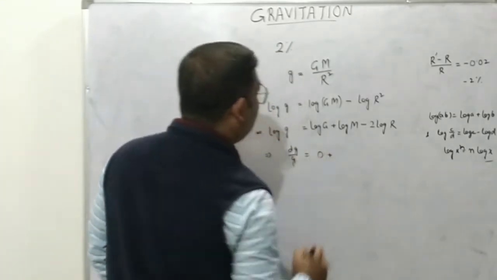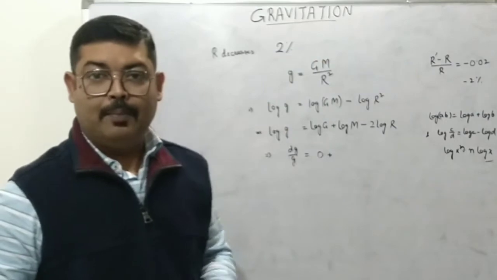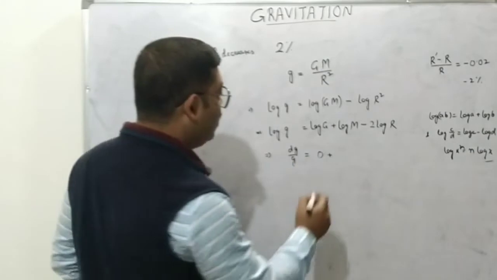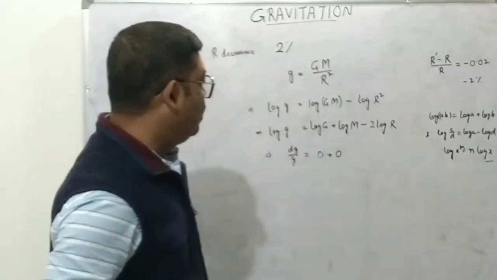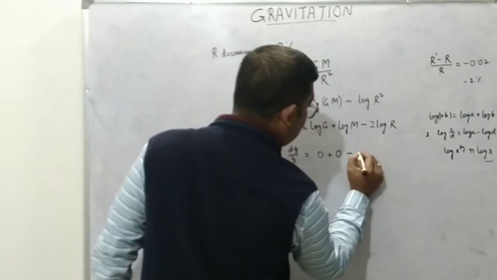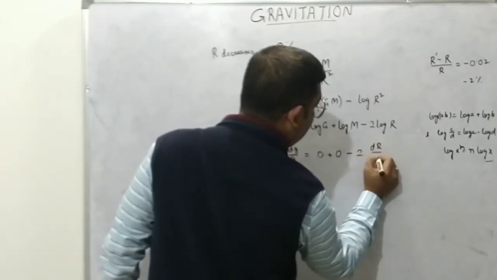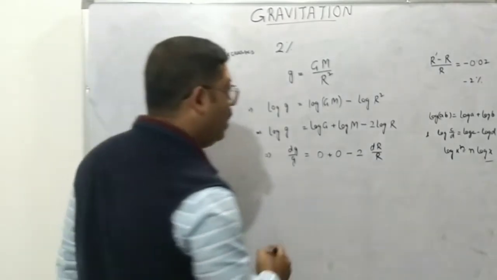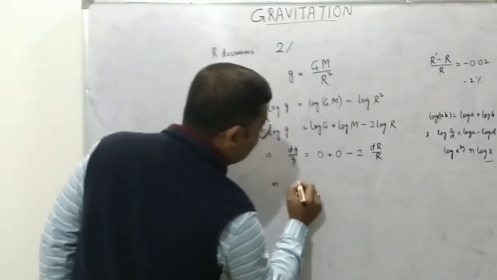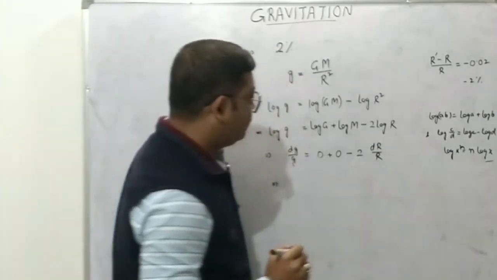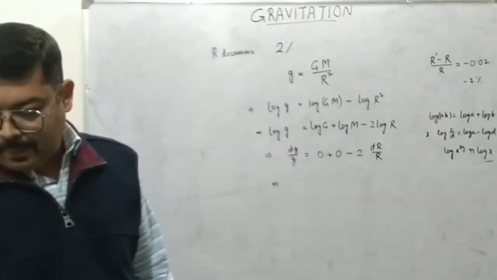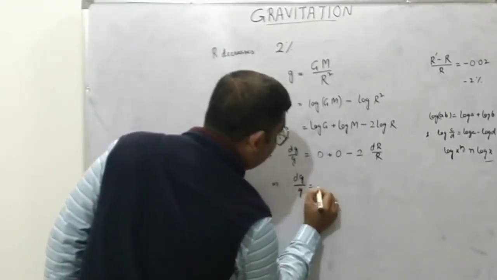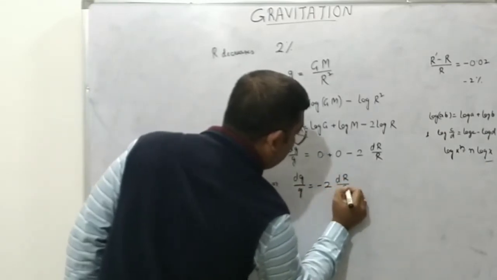Plus, mass of Earth remains the same, which means M is also a constant, so log M will be a constant, and differentiating this will give us 0, will be equal to minus 2 dr by r. Okay, so what we get is that dg by g is equal to minus 2 dr by r.